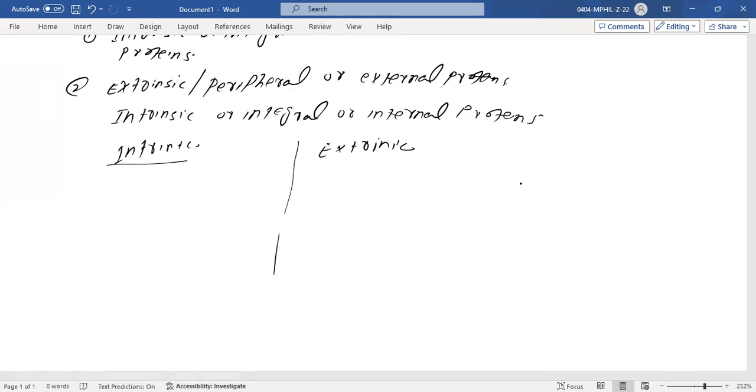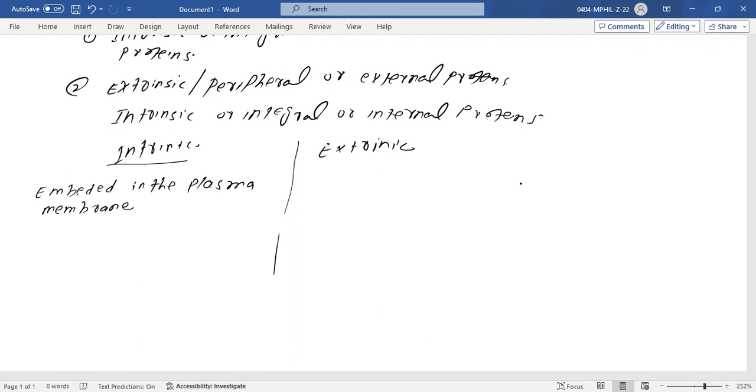Now the presence of the protein may be partial or complete. It is possible that the protein is completely embedded in the plasma membrane, or it is partially embedded in the plasma membrane.